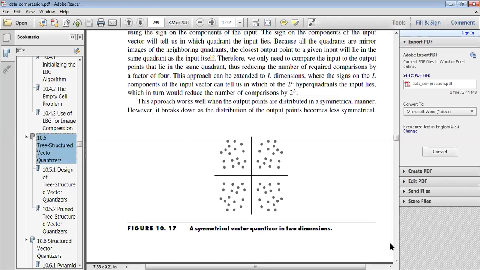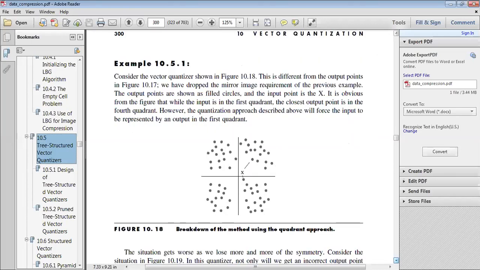On the other hand, we have also seen the non-symmetrical vector quantizer. So in a non-symmetrical vector quantizer, we have already seen that there are no symmetrical properties of any quadrant.